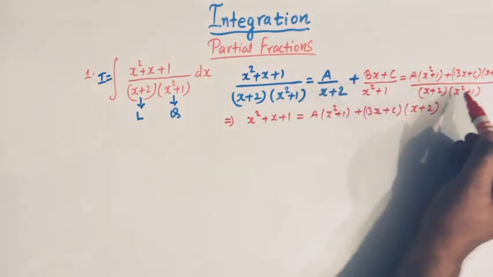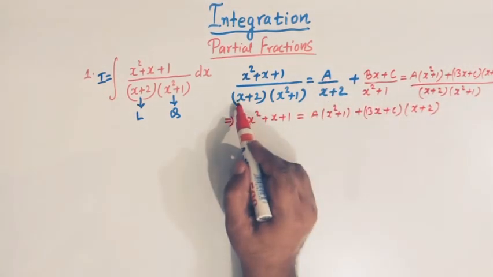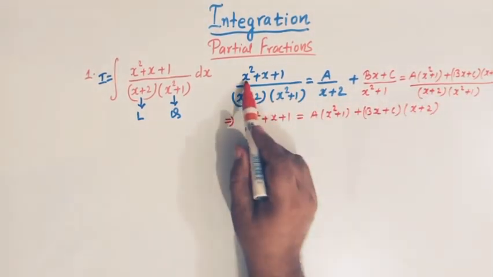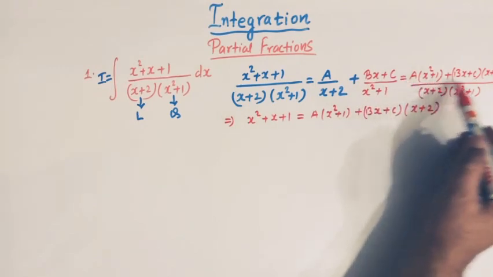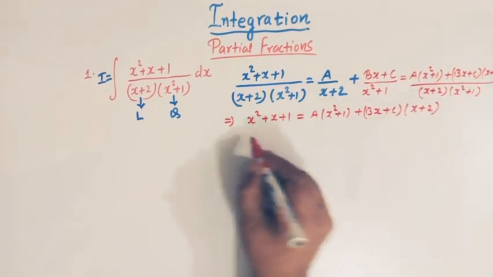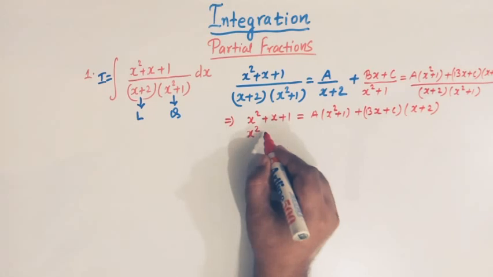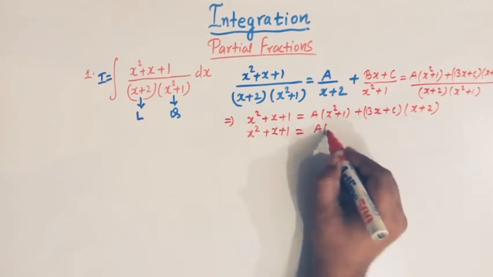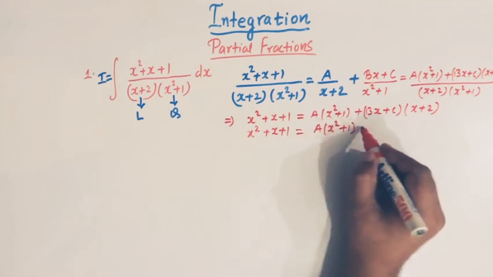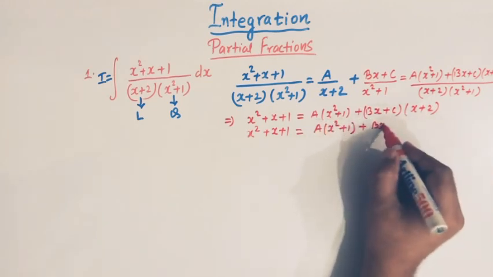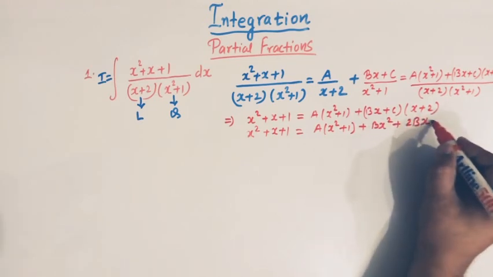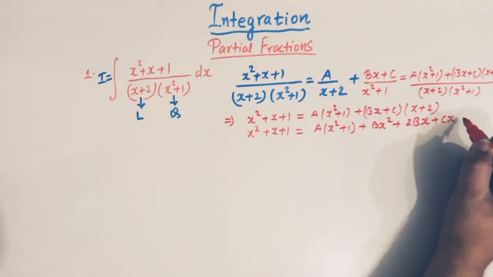Taking the LCM, we got this expression, and then cancelling out this term and this term, x square plus x plus 1 is equal to this expression. Now it can be written as x square plus x plus 1 equals a times x square plus 1, plus bx square plus 2bx, then we have cx and 2c, right?